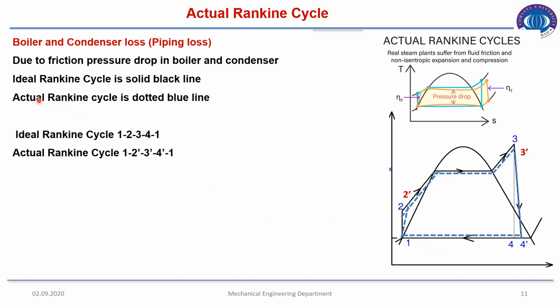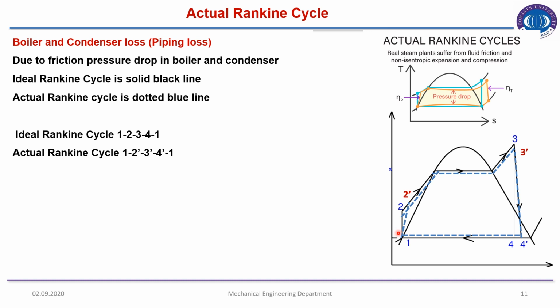So here the ideal Rankine cycle is a solid black line, whereas the actual Rankine cycle is a dotted blue line. On the left hand side, 1 to 2 is ideal.